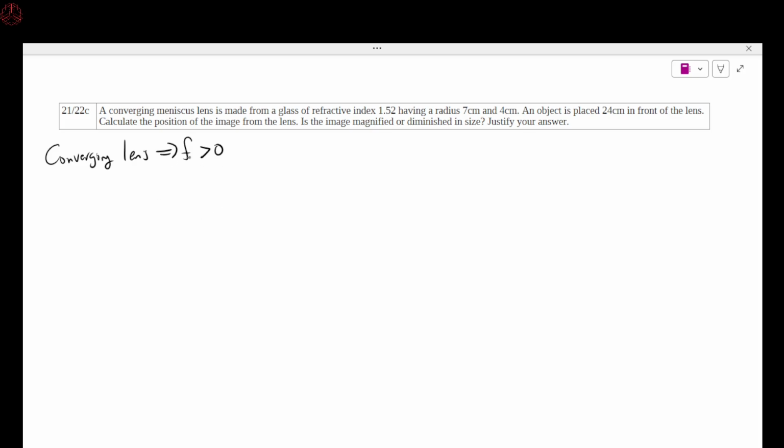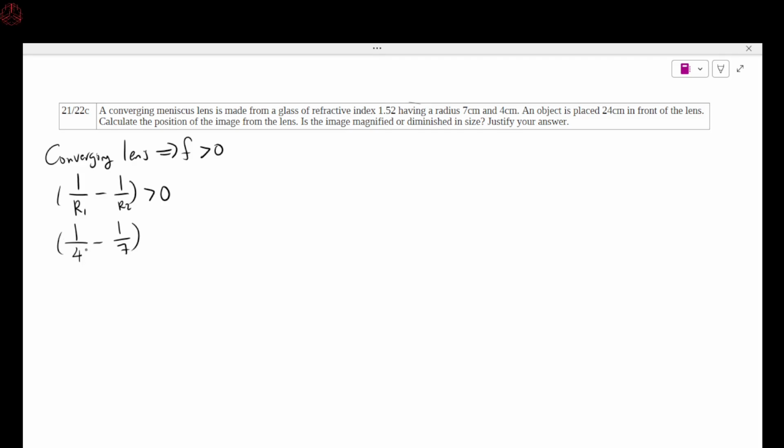So if I were to have f to be positive, my 1 over r1 minus 1 over r2 must be positive. That means the only possible combination of these two values is going to be 1 over 4 minus 1 over 7.